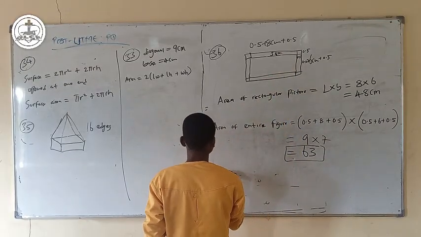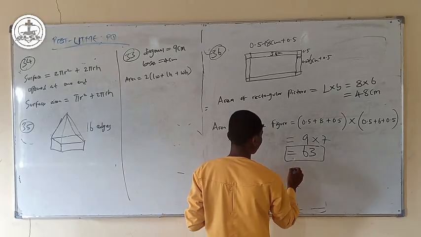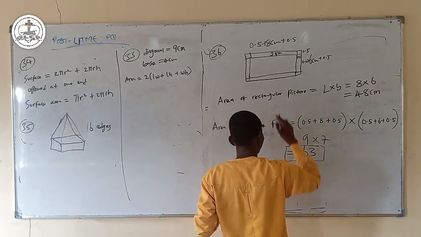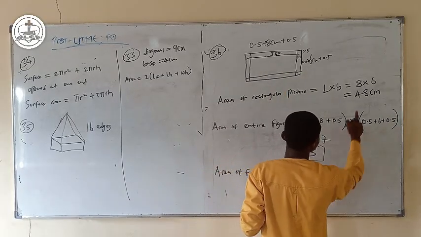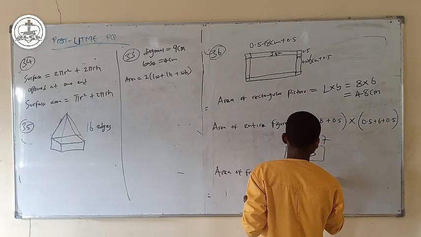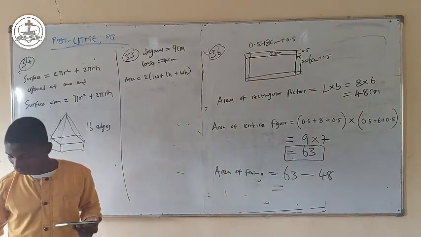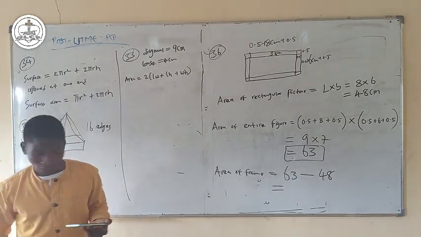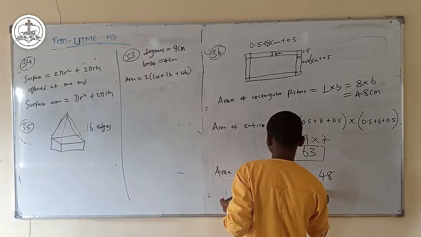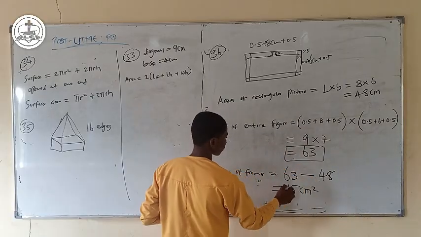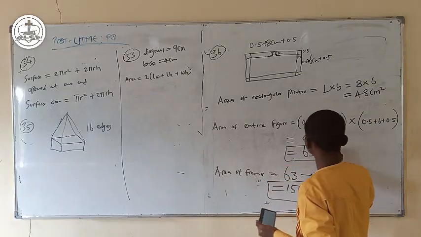So the area of the frame will be 63, the area of the entire figure, minus that of the rectangular picture, which is 48. So 63 minus 48 gives us 15 centimeters squared. That's the area of the frame.